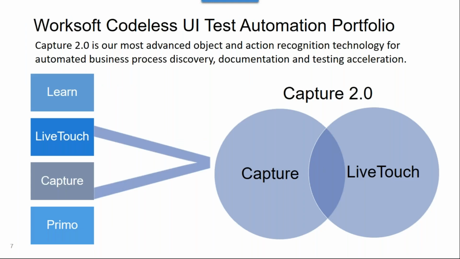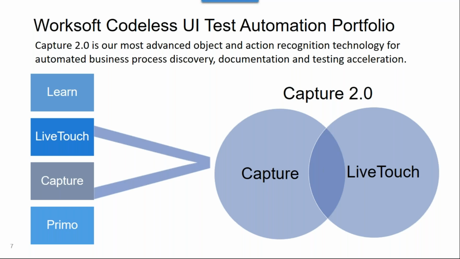So let's get refocused on talking about our innovation around capture and automated discovery. And for those, again, that know our product, we historically have had the ability to learn application screens. And in doing so, we're learning the objects from the screens, as mentioned, based on that object action framework.